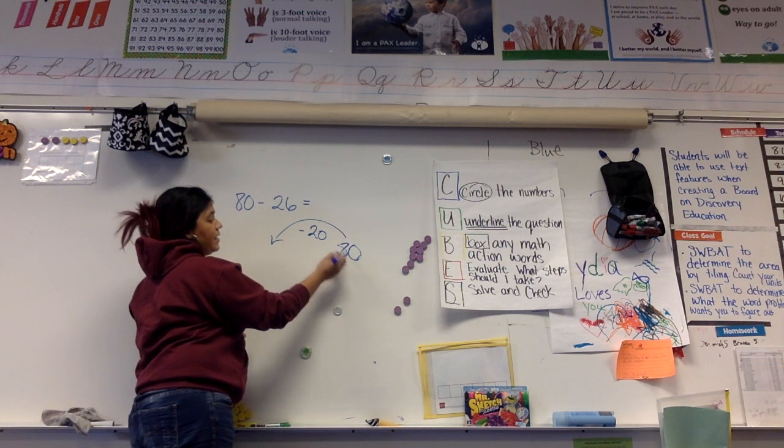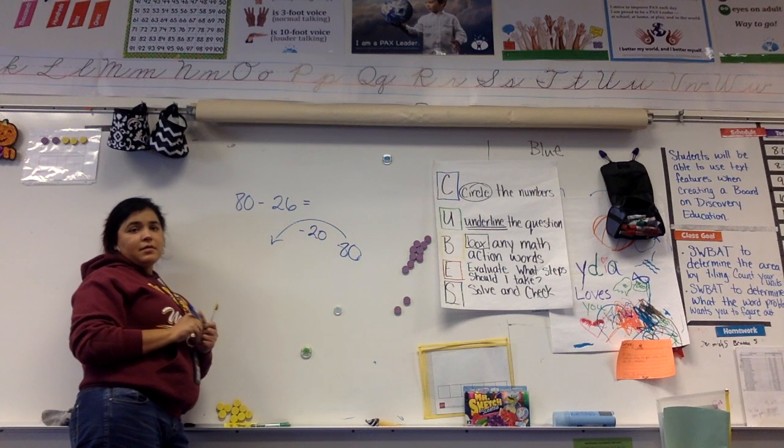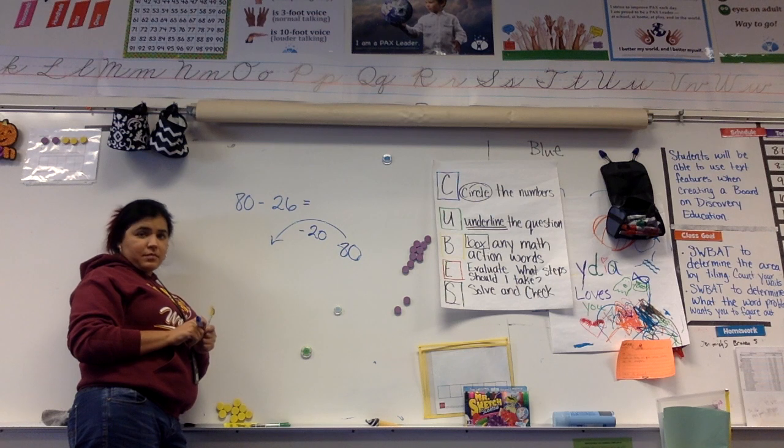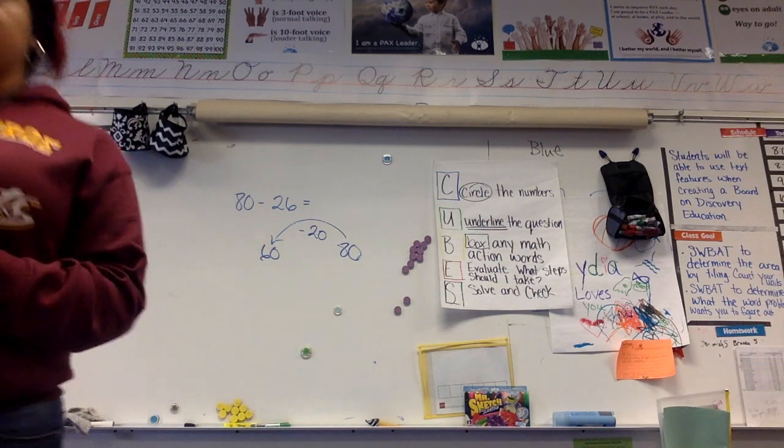Okay, we're at 80 and we're going back 20. I hear you saying the right answer, you're just not saying it loud enough for everybody. Okay, perfect. Need to have some confidence.